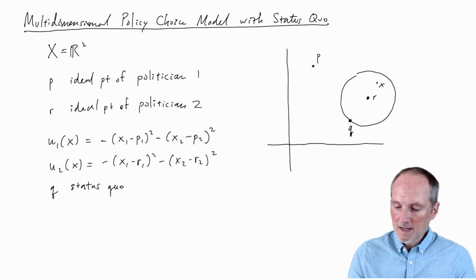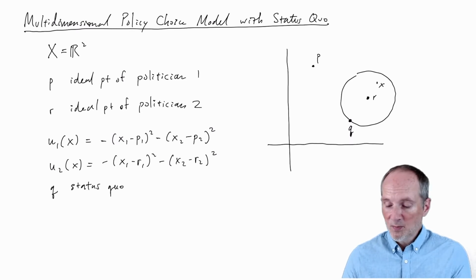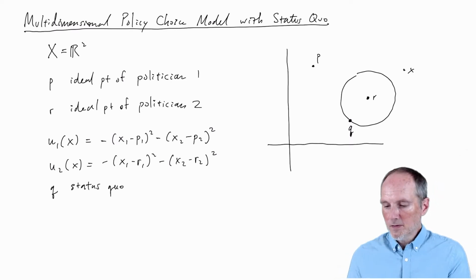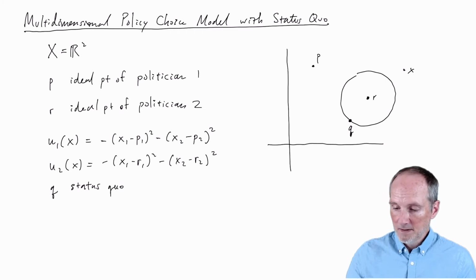Any policy inside that circle is going to be closer to the second politician's ideal point, and so they're going to choose that instead of the status quo. They will approve anything inside that circle. Any policy outside that circle is going to be further from the ideal point of the second guy than the status quo, and so they're going to reject anything out there.